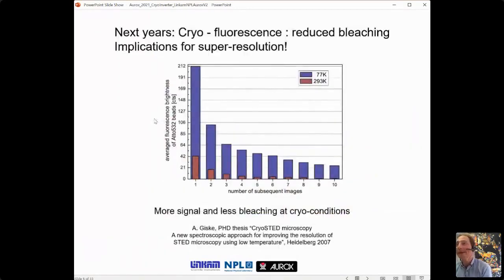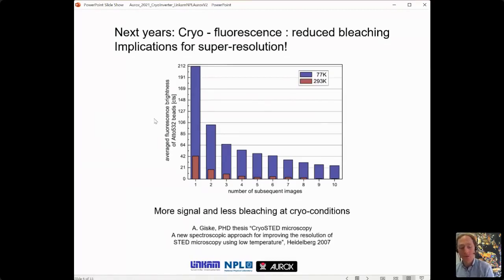There's a completely independent motivation for doing cryofluorescence, and that is photobleaching. In cryo, depending on the type of fluorophore you're using, you have much higher signal and also reduced photobleaching. So in total, you get many more photons out of your sample before bleaching happens.